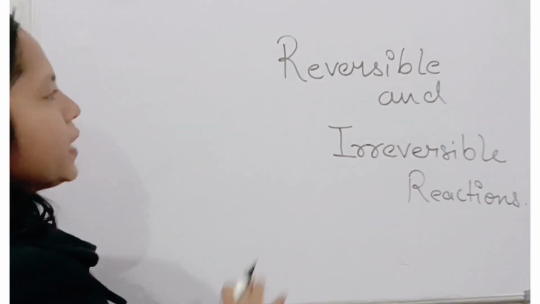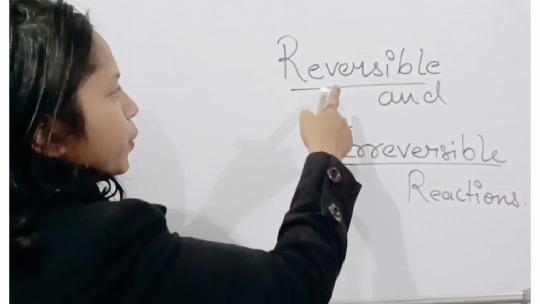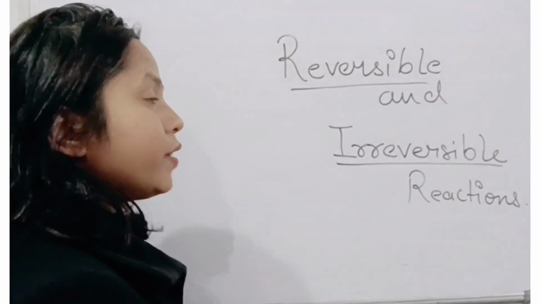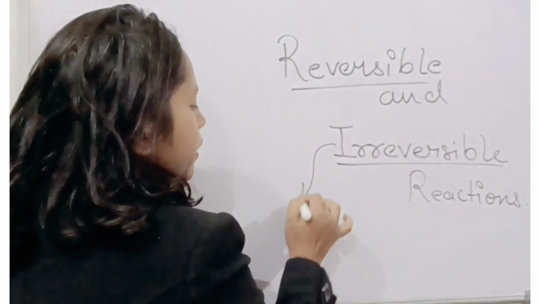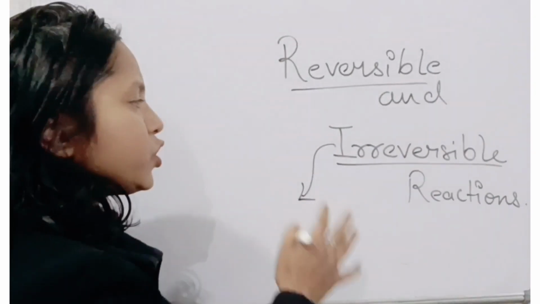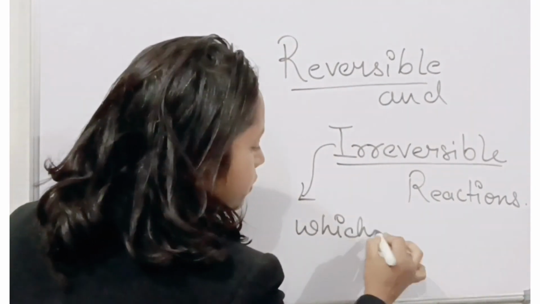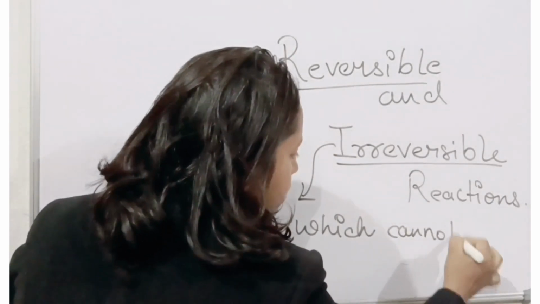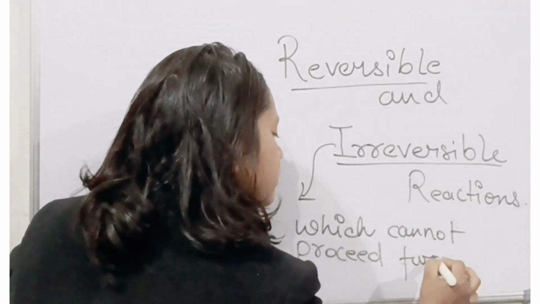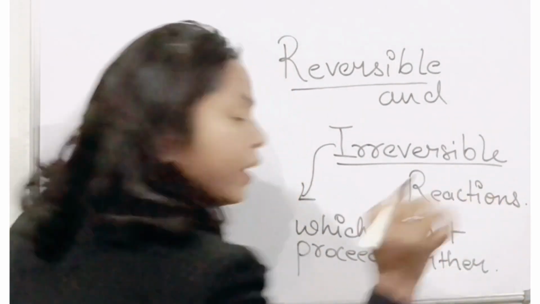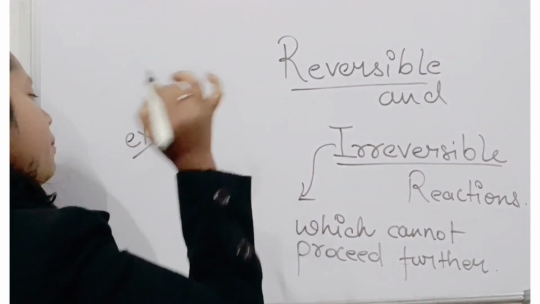Okay, so as you see, the term is giving the definition. First of all we will discuss the irreversible, because irreversible is concerned with chemical equilibrium, right? So irreversible reactions are those reactions which cannot proceed further. Which cannot proceed further means, let's take one example.